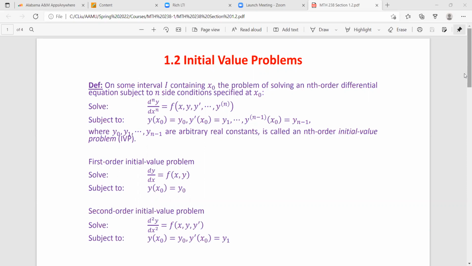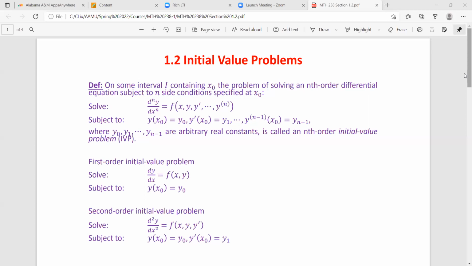We say on some interval I containing x0, the problem of solving an nth order differential equation subject to n side conditions specified at x0. So you don't have to worry about that interval I. It just means the problem makes sense on some region.